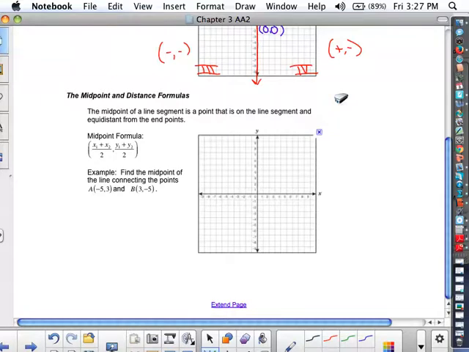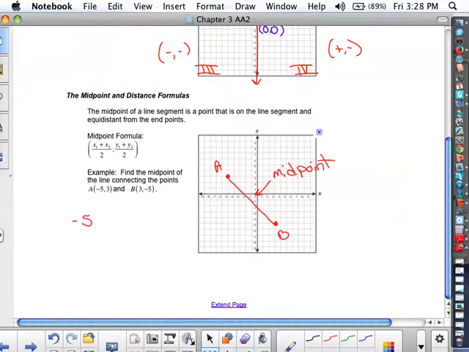So I have an ordered pair. I have minus 5, 3 is where A is, and then B is at 3, minus 5 right here. So here's my line AB, and I'd like to find the midpoint of that line. So where is the midpoint? I can just use the formula.